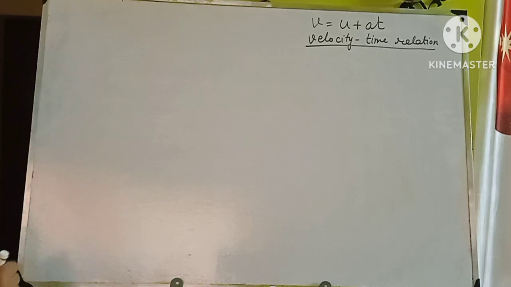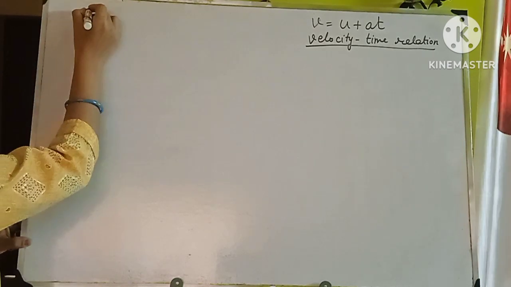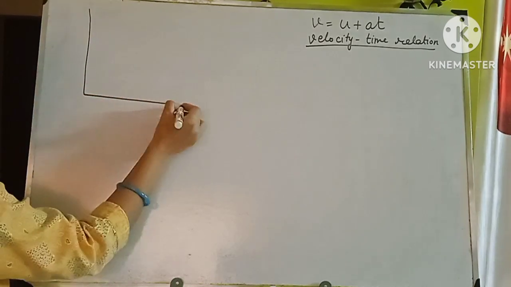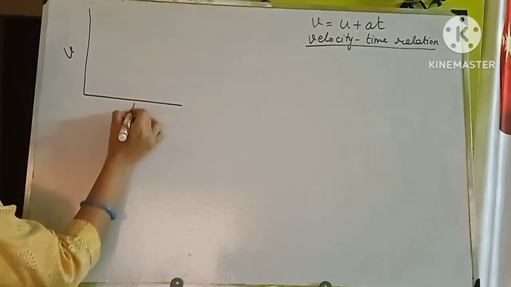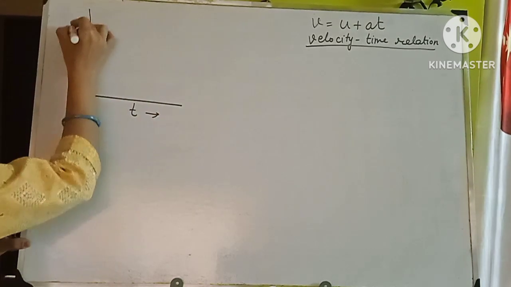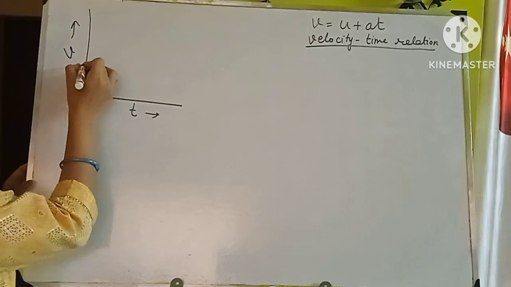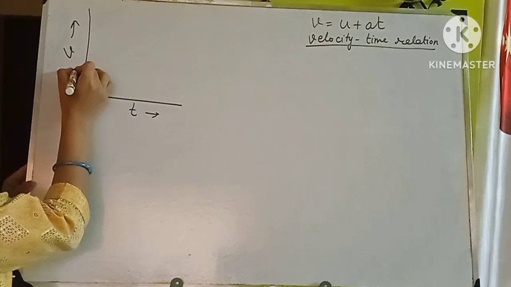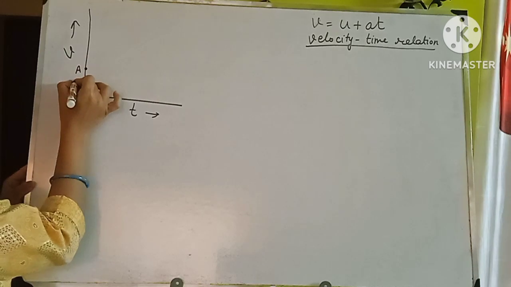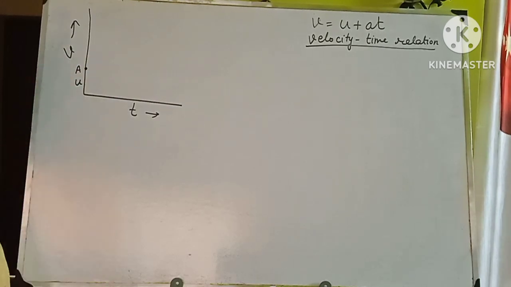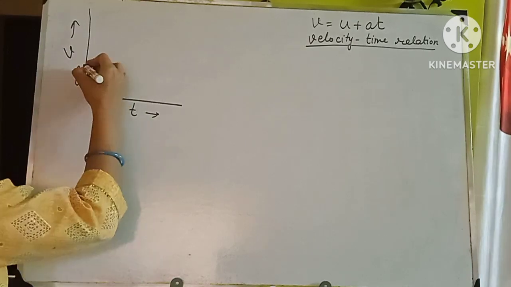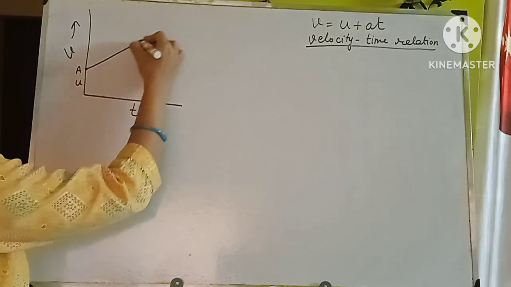Okay, so let's derive it graphically. The graph we have to make is between V and T. Suppose there is a body at point A and it is moving with initial velocity U. And suppose it accelerates uniformly.